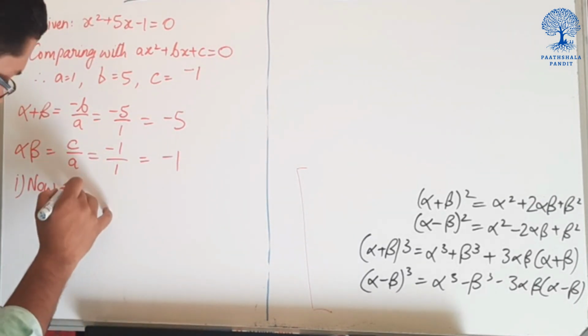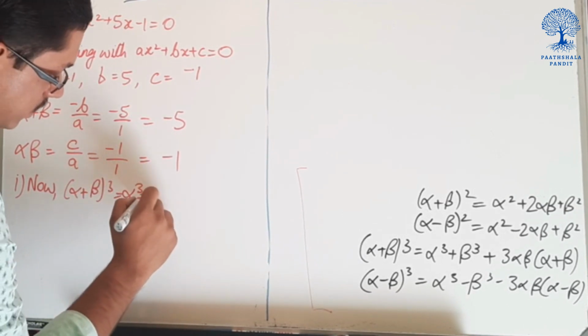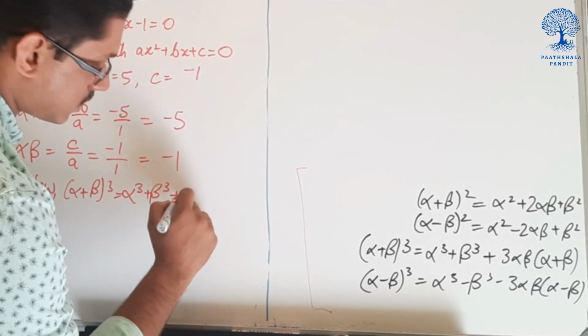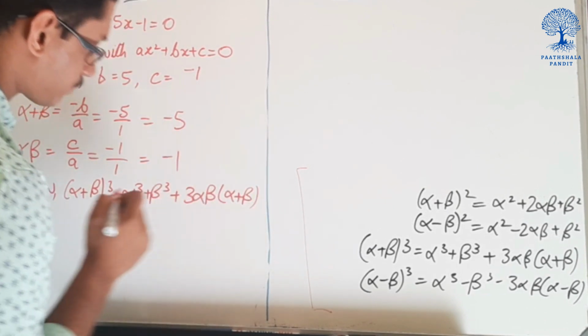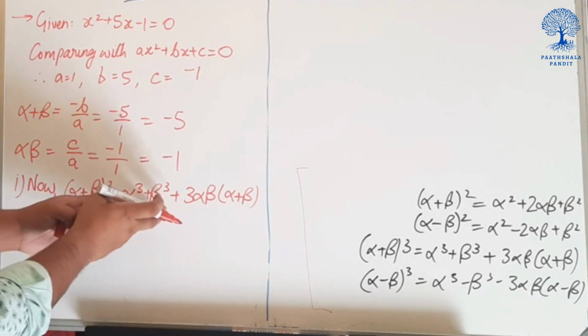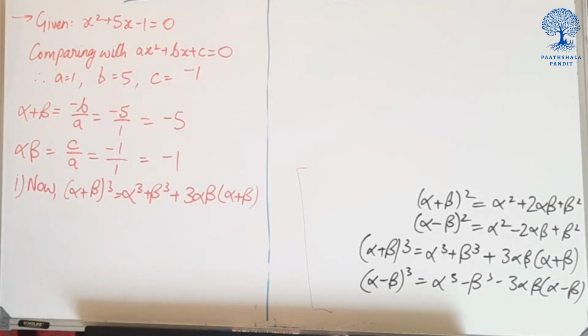So alpha plus beta whole cube is equal to alpha cube plus beta cube plus 3 alpha beta into alpha plus beta. We have to separate this out and take this on the other side. Why? Because the question itself is alpha cube plus beta cube.